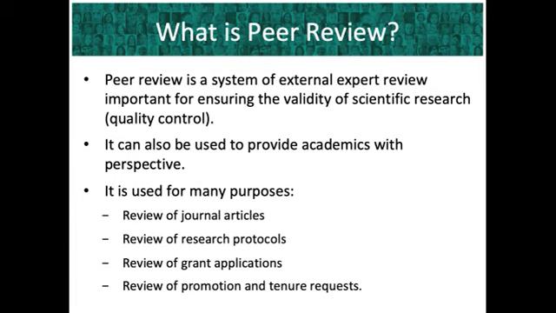So not only do you have to go through peer review in order to get the publications and the grants that you need to even be considered for promotion or tenure, but in addition, a peer review system itself is used for the promotion and tenure process, wherein a committee of your peers, usually faculty members as well as external experts, are asked to review your contributions to both the scientific literature as well as your research and service to the community in order to make a determination about whether or not you actually deserve to get a promotion or be granted tenure.